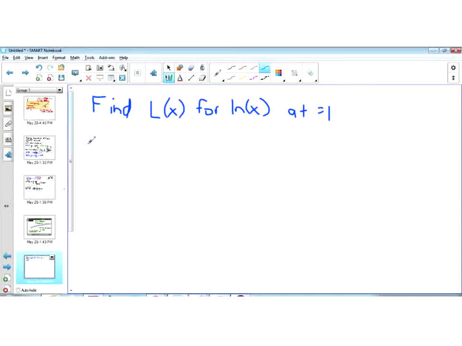Okay, and so the linearization, L of x, would equal the function at 1 plus the derivative of the function at 1 times x minus 1. Okay, and so f prime of x, we know that the derivative of the natural log function is 1 over x.